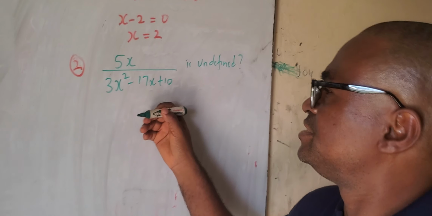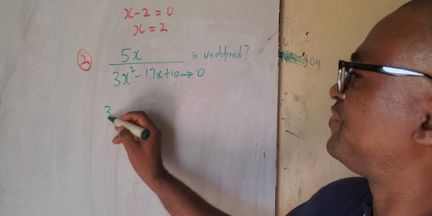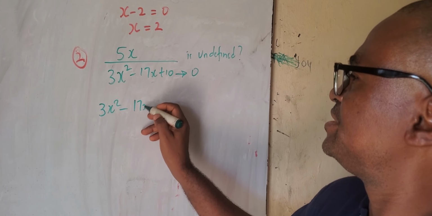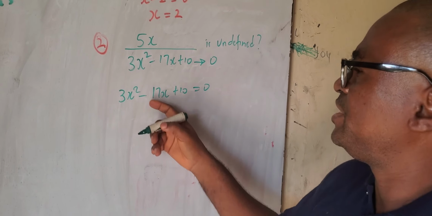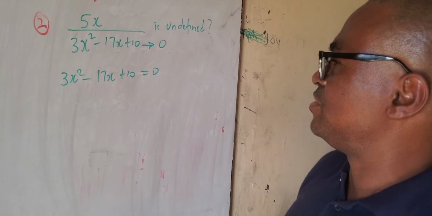The condition is that we set this denominator to 0. So we have 3x squared minus 17x plus 10 is equal to 0. Now, we need to find the value of x for which the function is undefined.